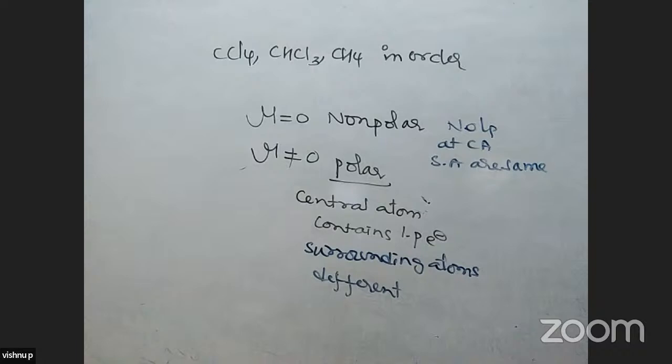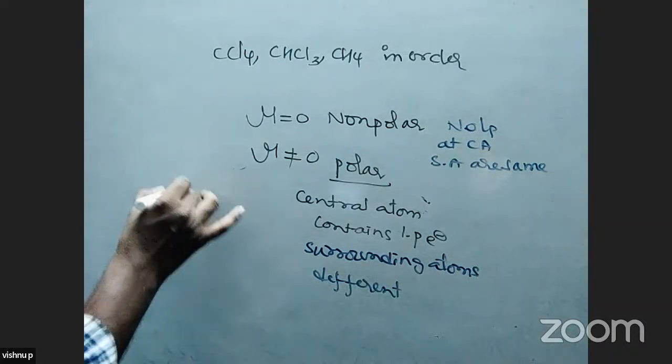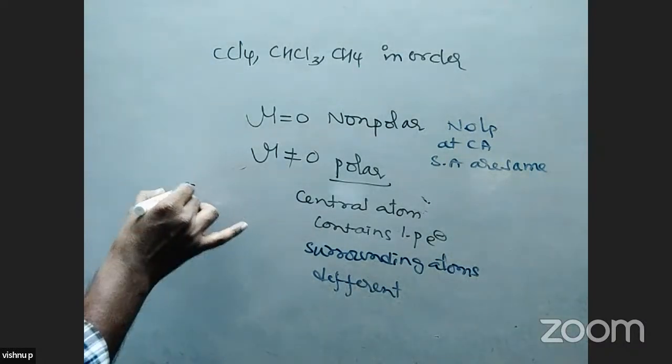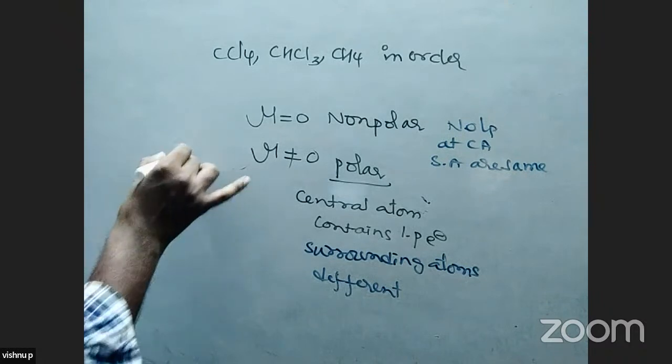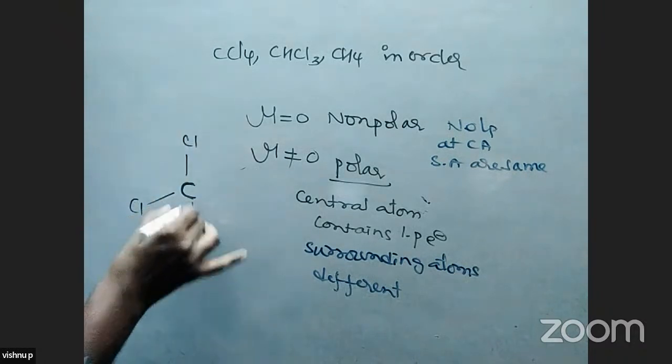In a given molecule CCl4, find out how many lone pair electrons are present at the central atom of CCl4.